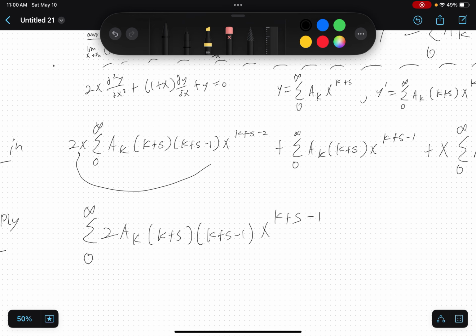If you multiply x to the 1 times x to the k plus s minus 2, you'll end up with k plus s minus 1. That's all I did there.